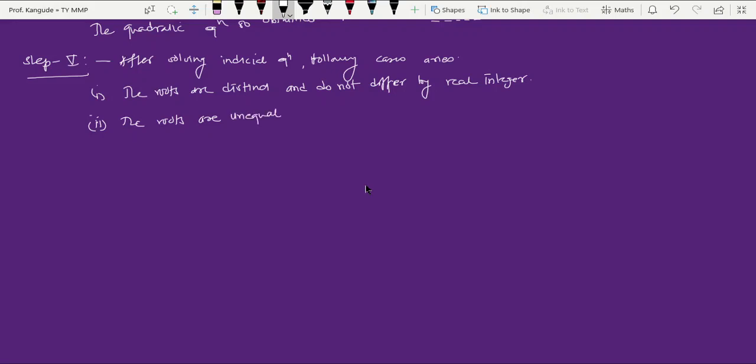Okay, here it is: distinct and unequal, two different words. Distinct means they are completely separate, they do not have any relation with each other, or there cannot be any difference between them in terms of real integers.